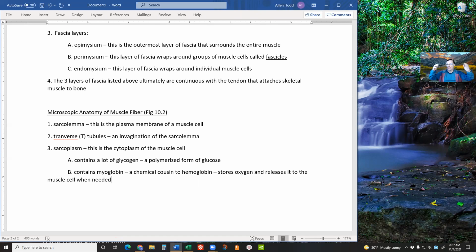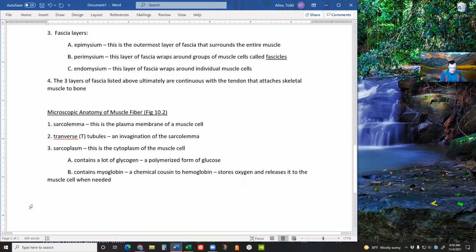The most efficient way of generating energy from sugar like glucose is to have oxygen available at the same time. That's why there's oxygen stored in the muscle cell attached to myoglobin, so you can efficiently extract energy from glucose. Okay?